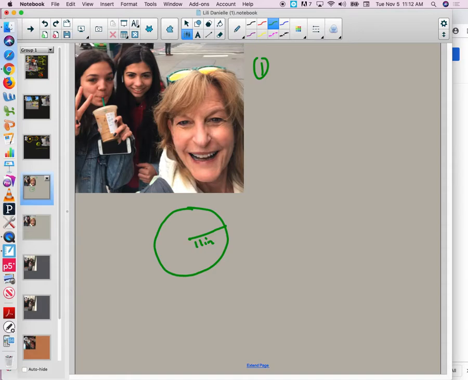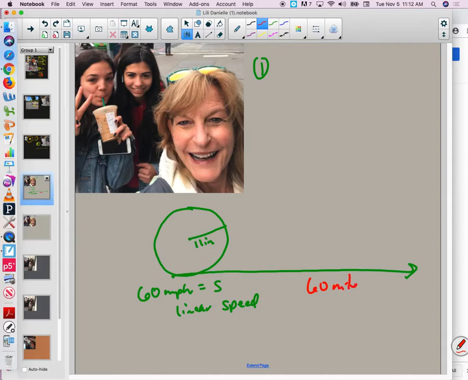If the car is traveling at a rate of 60 miles per hour, that is S. That is its linear speed. S equals R theta, all right? As this tire moves, how in the world is it going to go 60 miles in 1 hour? Do you see that it would have had to start rolling and leaving its circumference or arc length on the ground behind it?